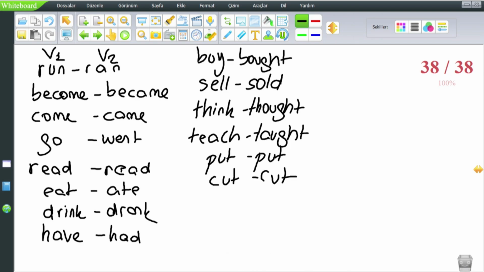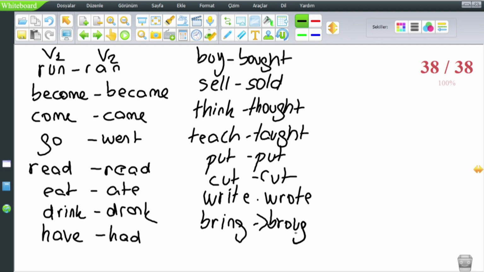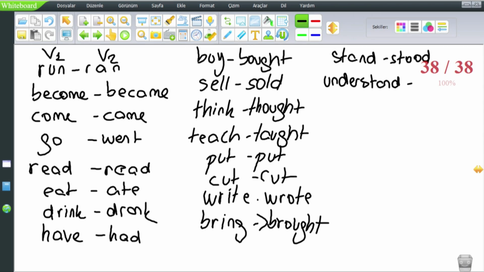Also, it applies for cut. It remains the same. Write, wrote. Bring, brought. Stand, stood. Understand, understood.